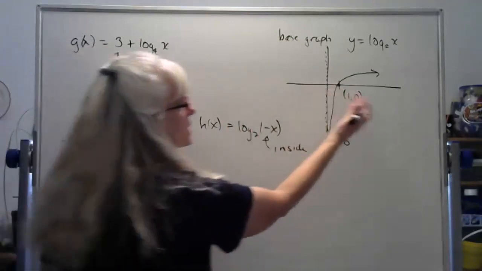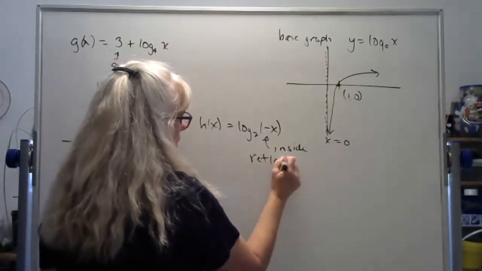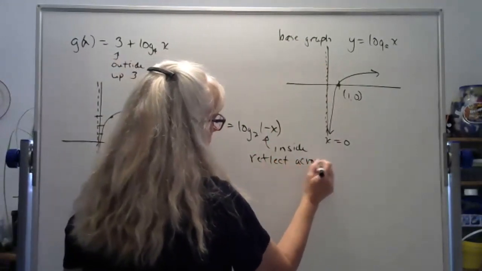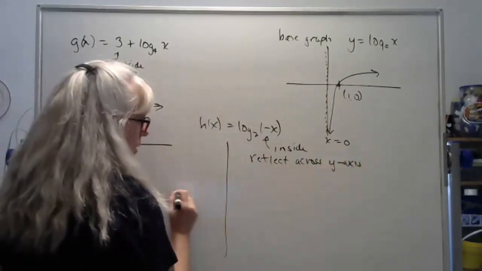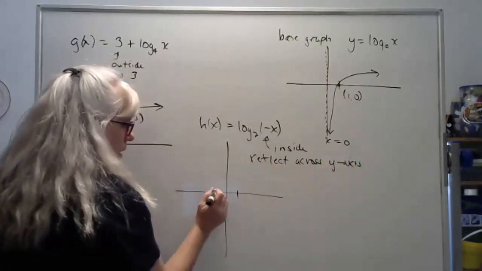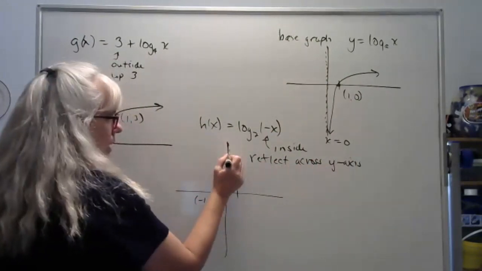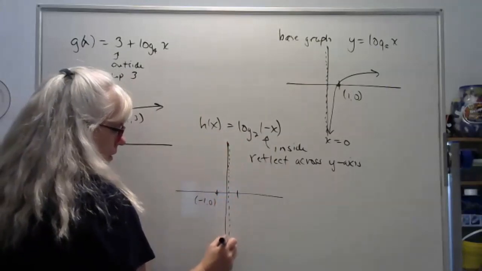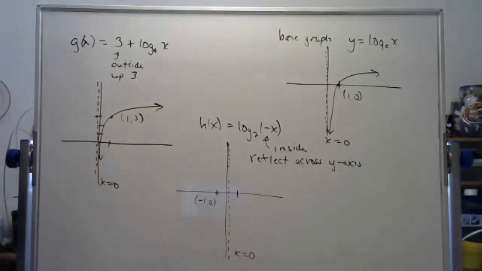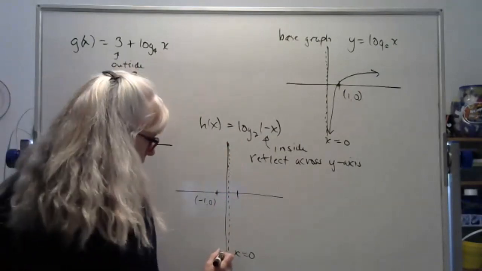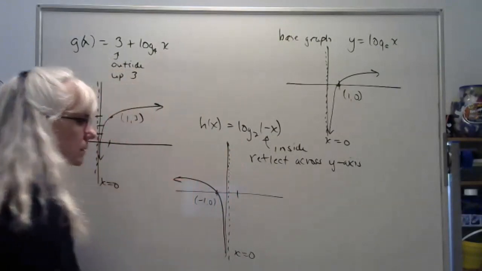So that's going to reflect this thing across the y-axis. So the point that was over there at (1, 0) is now going to be over here at (-1, 0). You still have the asymptote at 0, so x equals 0 is still an asymptote. This time, it's going to start next to that asymptote, cross the x-axis, and head to the left.